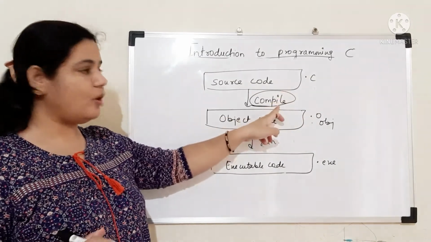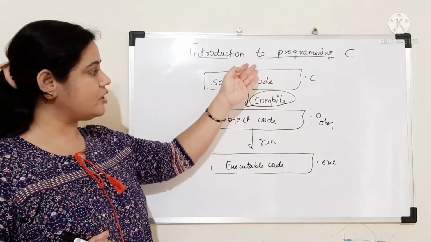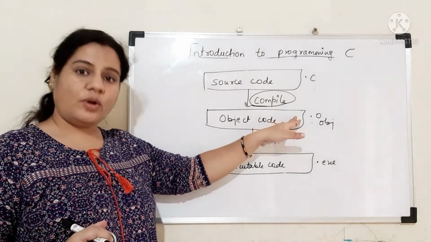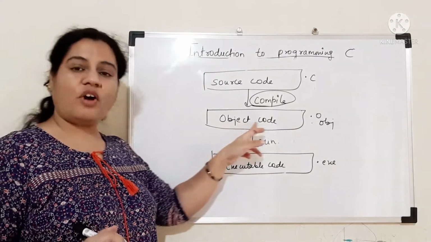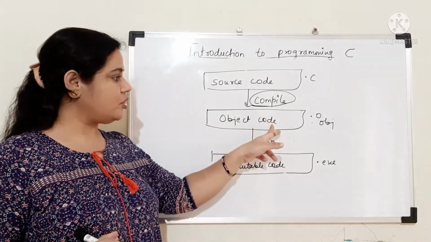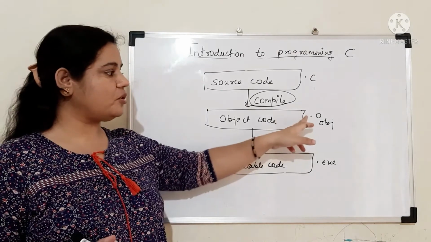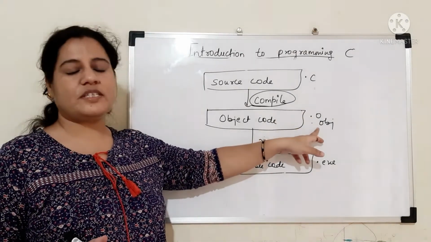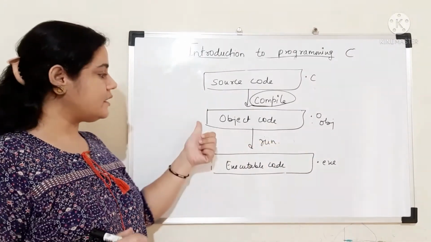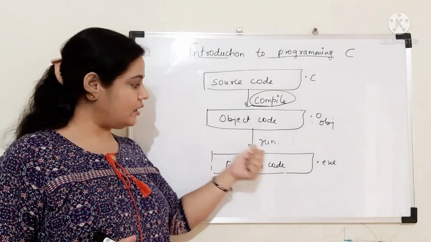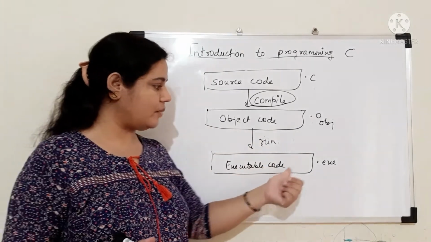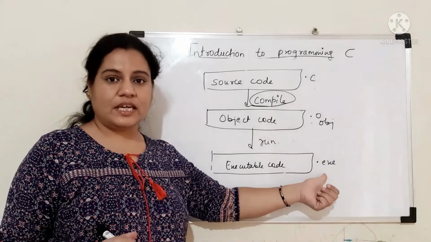When you compile your program, compile means to convert the source code into low level code. Then it becomes the object code. The extension of object code is .o or .obj, depending upon the compiler. Next, when you run the program, it becomes the executable code, .exe.